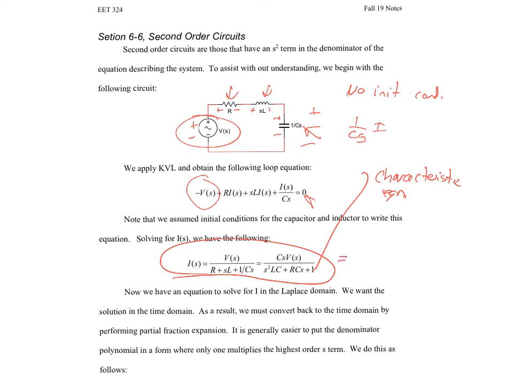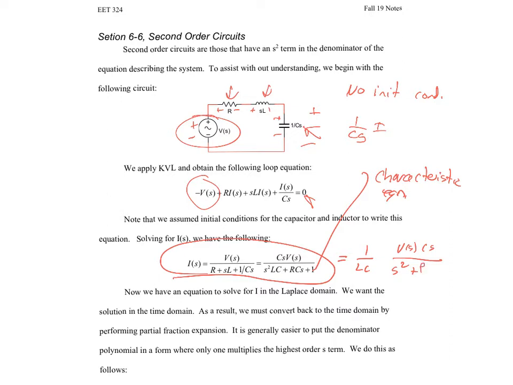So this one we can look at it and realize that it would be better if we could factor out an LC term in there, because we'd like it to be S squared. So let's factor out 1 over LC. So we have V of S, CS, all over S squared. We're going to factor out LC here.